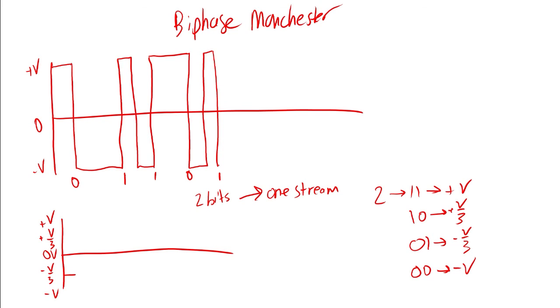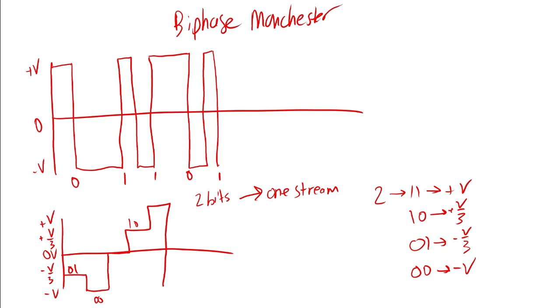So if we have a voltage looking like this, for example, now here we can interpret this as 0, 1, interpret this as 0, 0, interpret this as nothing, can interpret this as 1, 0.